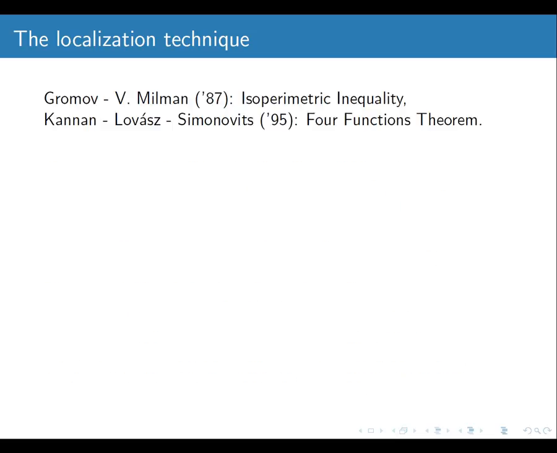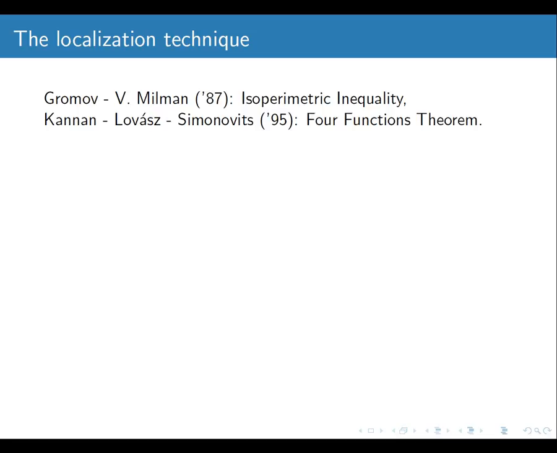Anyway, one of the fundamental contributions in this application of the localization technique to functional inequalities is this paper by Gromov and Vitali Milman, where they proved the isoperimetric inequality for any norm on the sphere using this localization technique without having any use of the symmetrization. So without using any symmetric property of the norm, because they did not have any symmetric property of the norm, they anyway used this localization technique to prove the isoperimetric inequality.